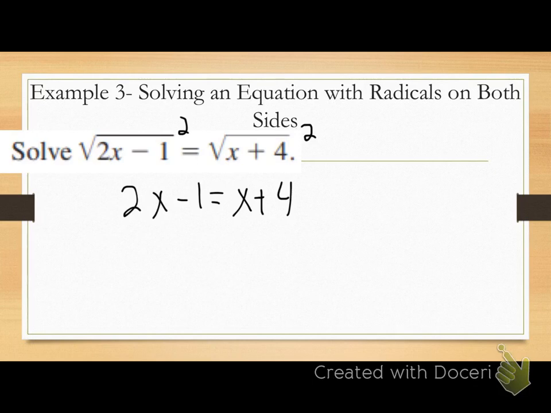Now I just have an equation with variables on both sides. If I have a variable on both sides, do I want to deal with my variables first or my constants? Variables. Why? Sometimes our equations, if we move our variables to one side, they cancel each other completely out.